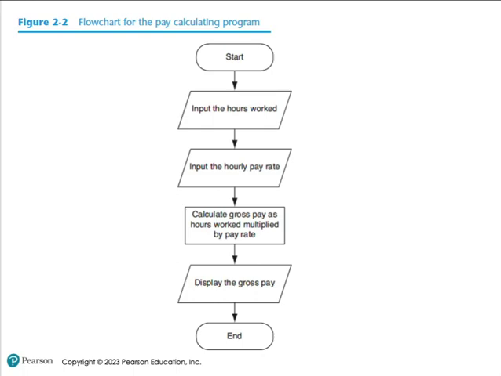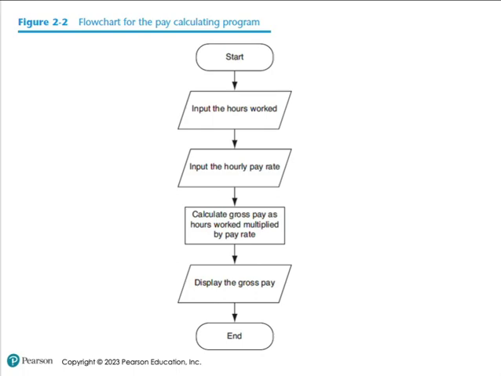So it might look something like this. Things in oval boxes are called terminators. So it may be the start or end of your program. Anything in a parallelogram that is not a rectangle is an input or an output statement, and things that are in rectangles are statements about what you're doing.